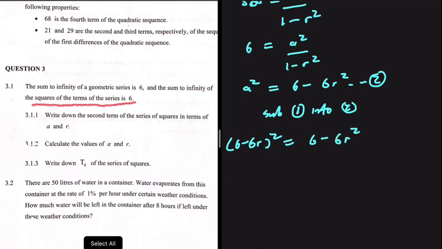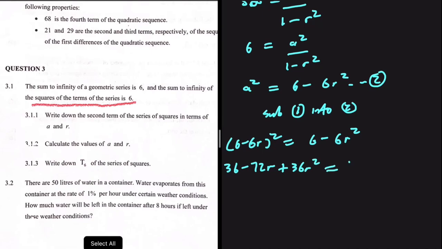So what is (6 minus 6r) squared? 6 multiplied by 6, that is 36. 6 multiplied by minus 6r, that is minus 36r. You multiply that by 2, you get minus 72r. And then minus 6r multiplied by minus 6r, we're going to get plus 36r squared.